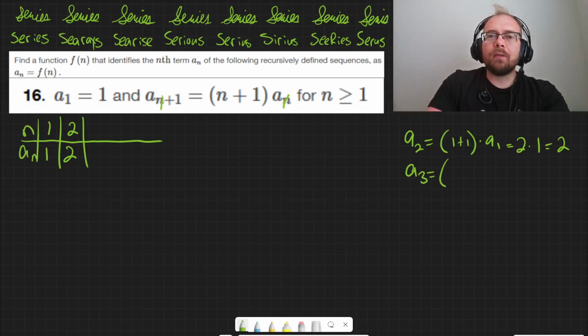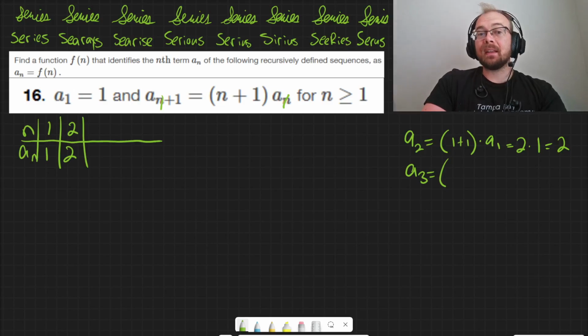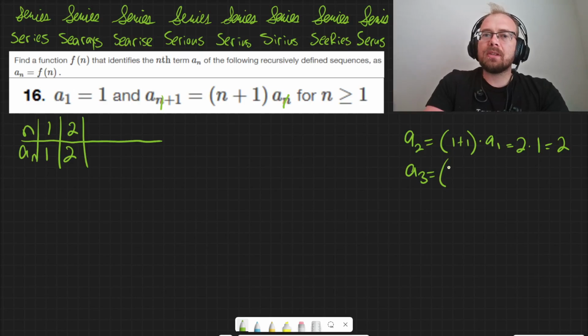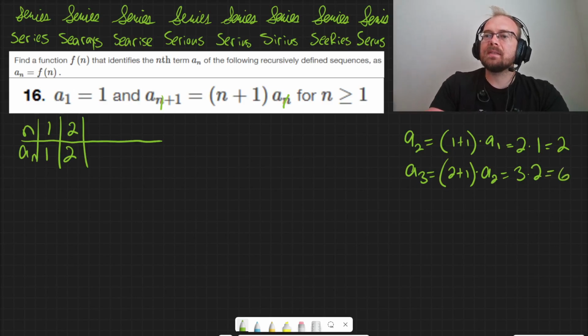If we're looking for a sub 3, then we're plugging in 2 for n, because it's a sub 2 plus 1. So it's going to be 2 plus 1 times a sub 2. That's going to be 3 times a sub 2, and a sub 2 is 2. So that's going to be 6.